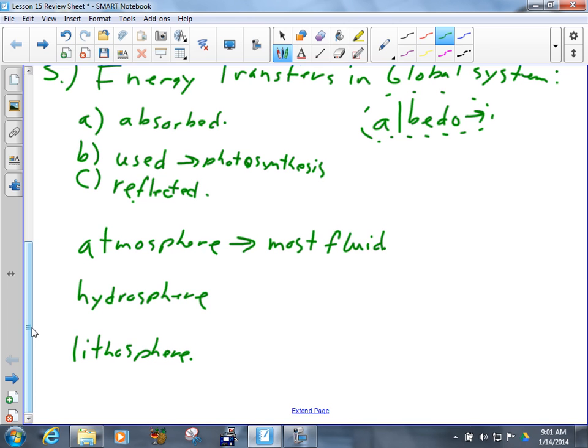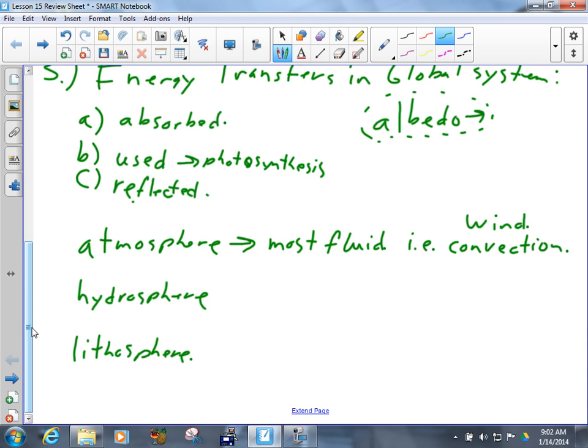Okay, and because it moves most easily, what heat transfer process occurs best here? Convection. Okay, so convection is occurring there, and what do we call convection within the atmosphere? Wind. Okay, we'll talk about wind patterns in a minute because that was the next thing that we talked about.